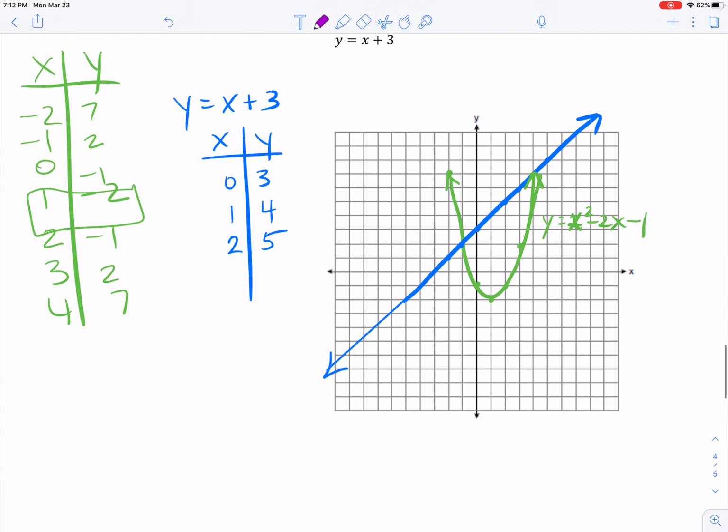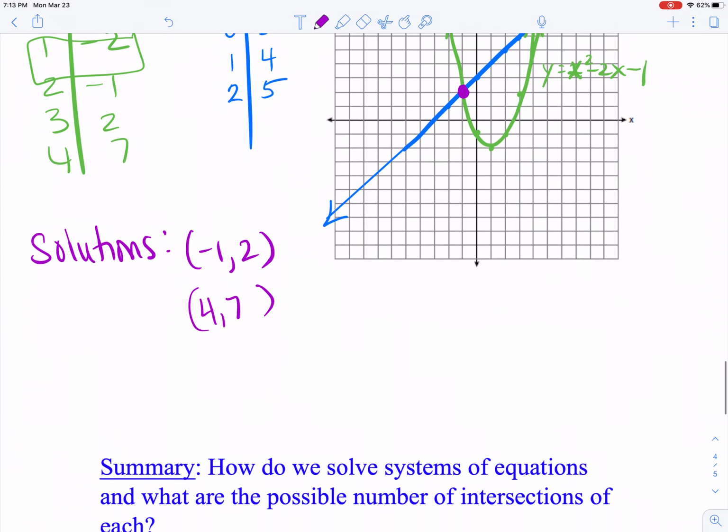So if it says to solve, I have to end with the solutions. And here we have a point of intersection at -1, 2. And we have a point of intersection at 4, 7, which my graph wasn't showing that well until I fixed my parabola. And again, you could check in the calculator as well.